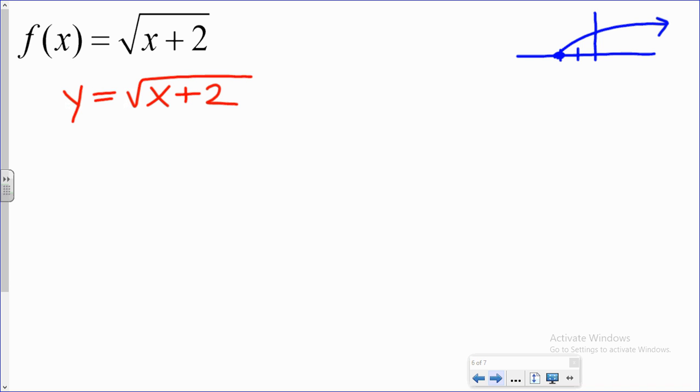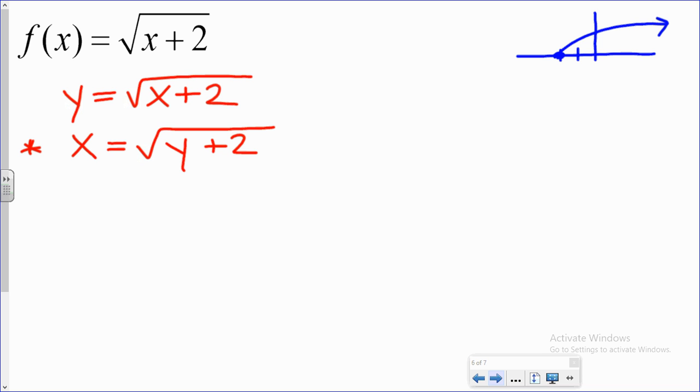So then you could switch the x and the y. Okay, so technically this is the inverse, but we need to solve for y so we can write it in function notation.